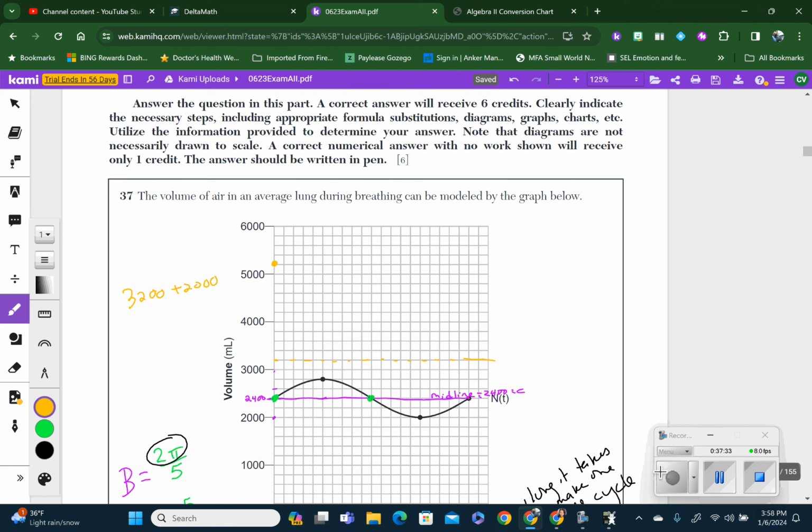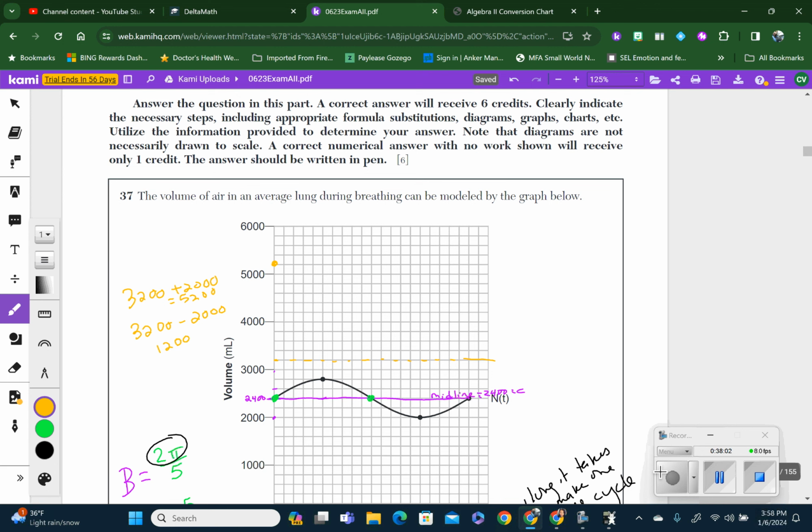And then my lowest point is going to be from 3200, I'm going to minus 2000. So 3200 minus 2000 is going to be 1200. That's going to be my lowest point. So 5200 is my highest point and the 1200 is my lowest point.